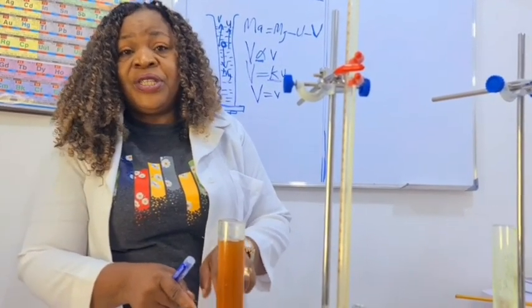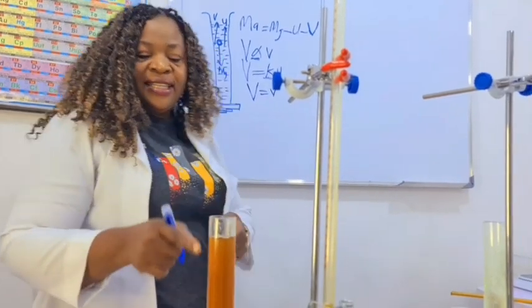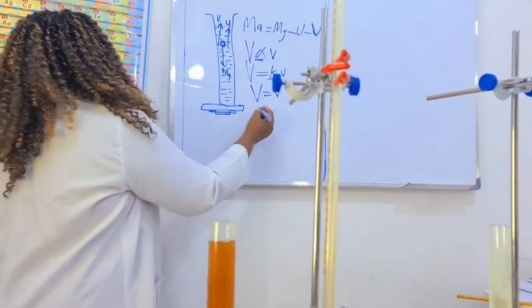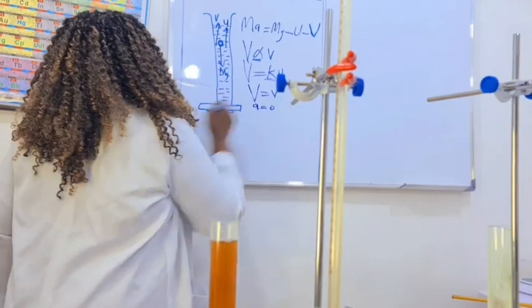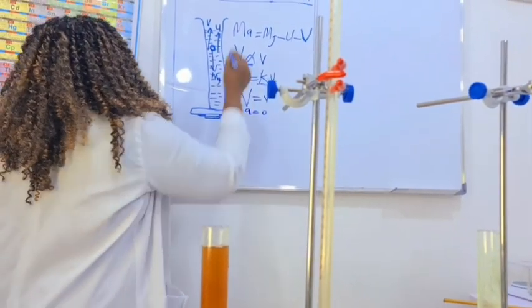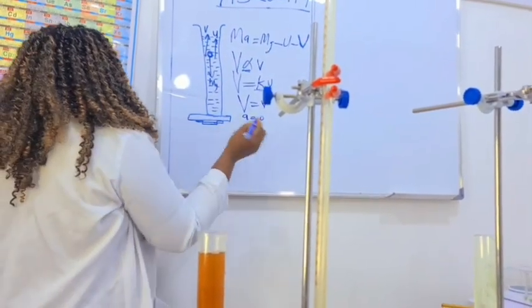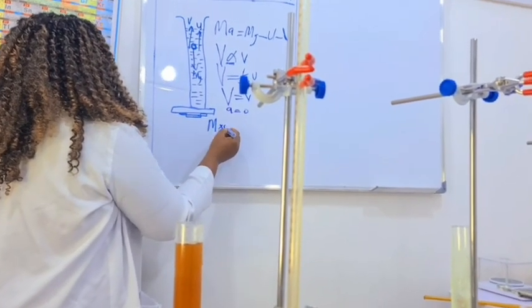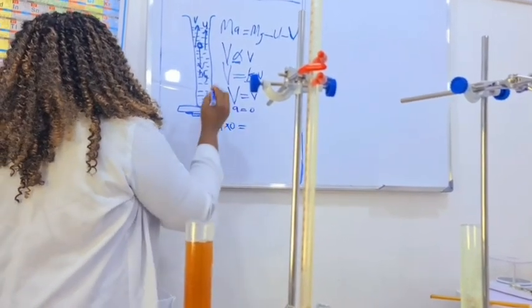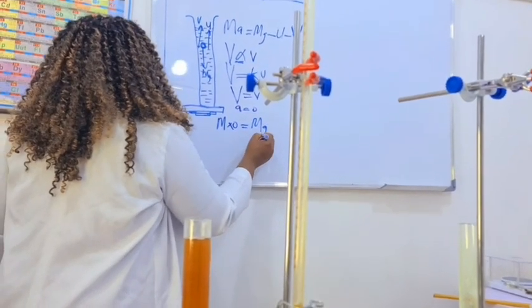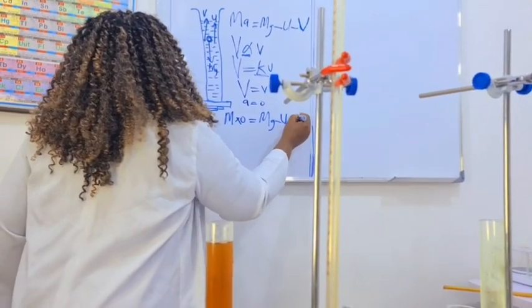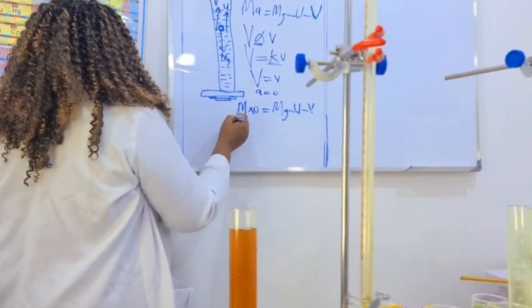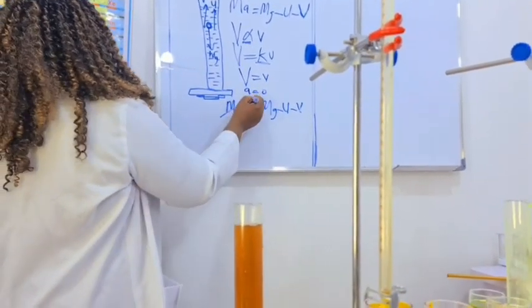When that happens, the acceleration A becomes 0, making our earlier formula change. We now have that m times A, which is now 0, is equal to mg minus U minus V.